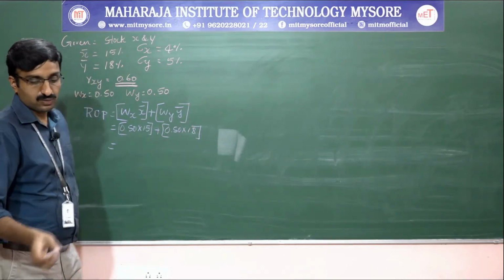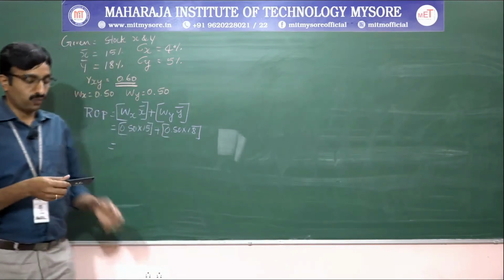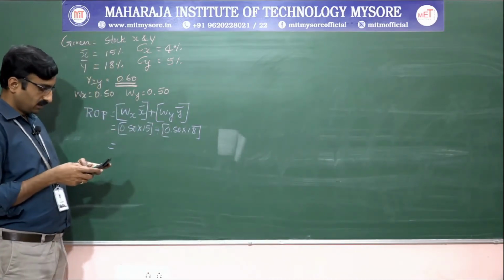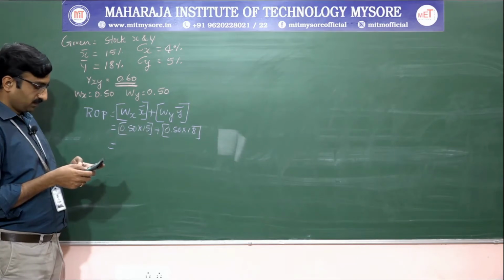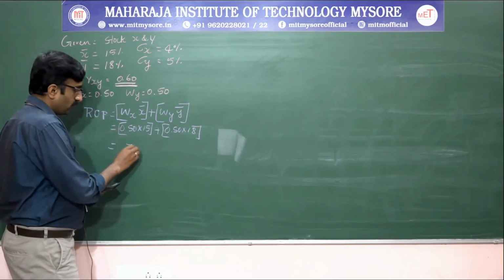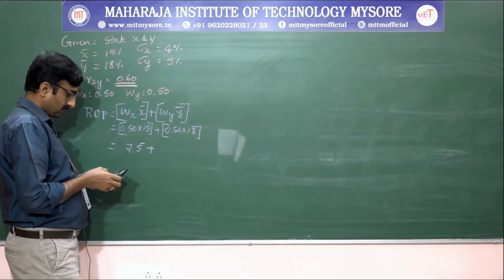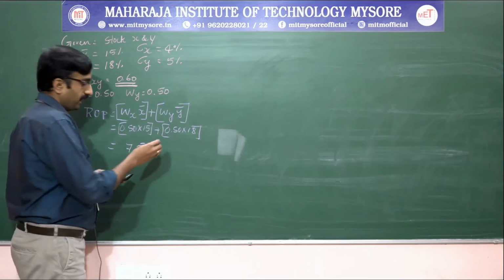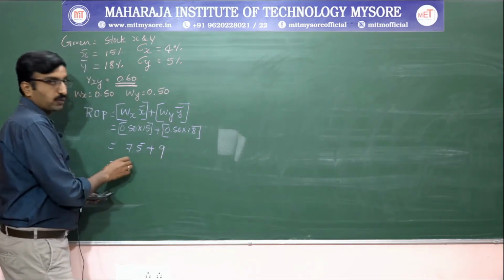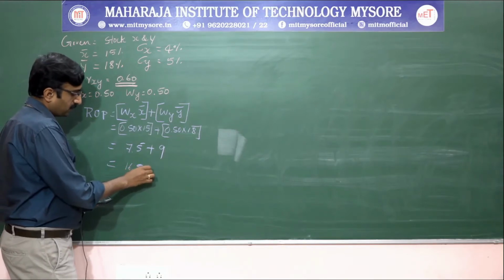Okay, this is the value we have to consider for the calculation of return on portfolio. So, how much you will get? You will get 7.5 and you will get 9. Okay. So, put together it is 16.5%.